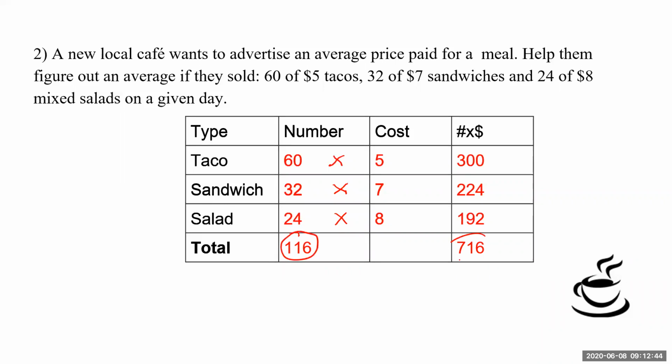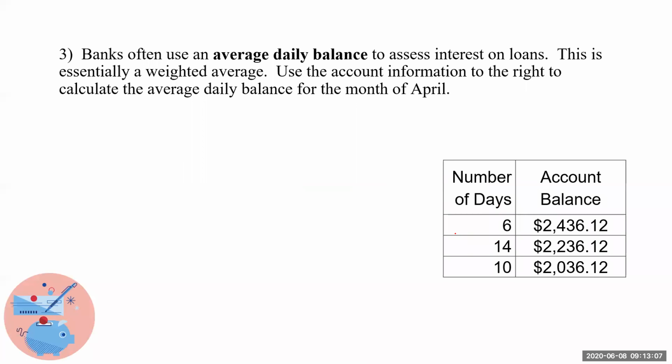Now, this is how much money at the end of the day. So how do you find the average? Don't you divide the total amount of money by the number of meals sold, and that gives you the average per meal. And you've got the job done. Man, good job.